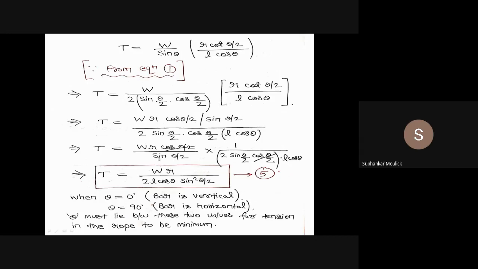Now from this expression, what you can do? You can cancel out this cos theta by 2 and this cos theta by 2.